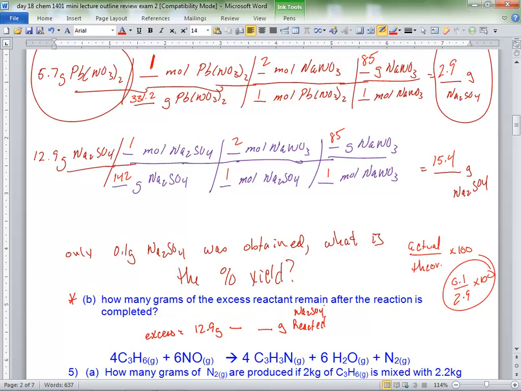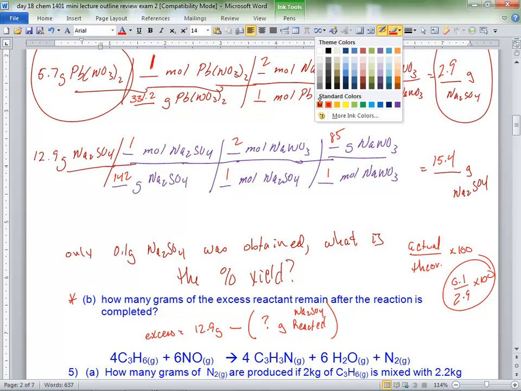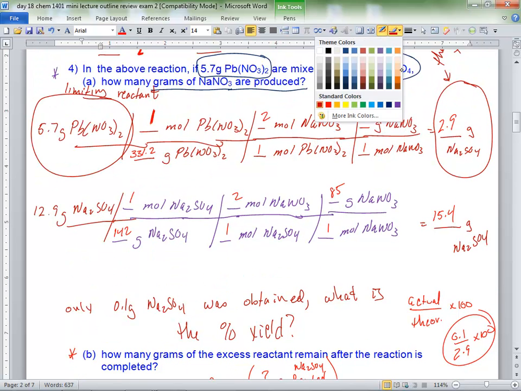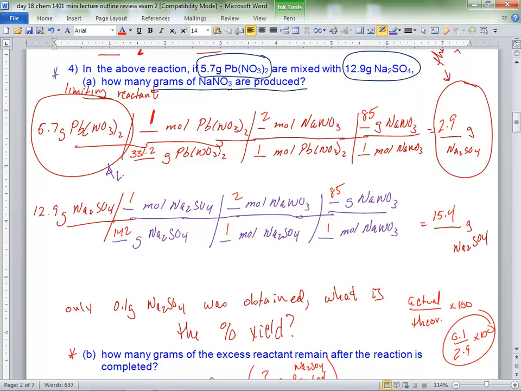How do you get the grams of sodium sulfate that reacted? You always use the limiting reagent for all calculations. We used the limiting reactant to get this answer, and we'll use it to get the grams of sodium sulfate that reacted.